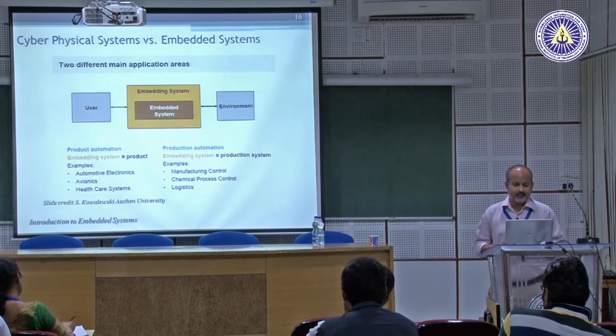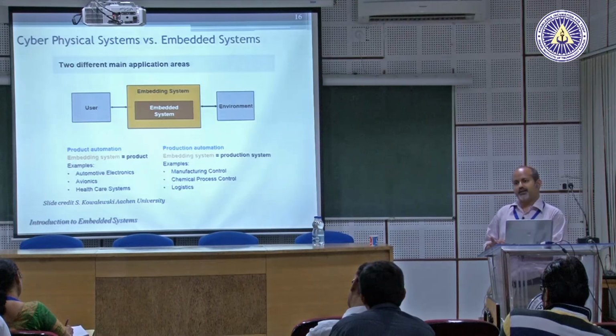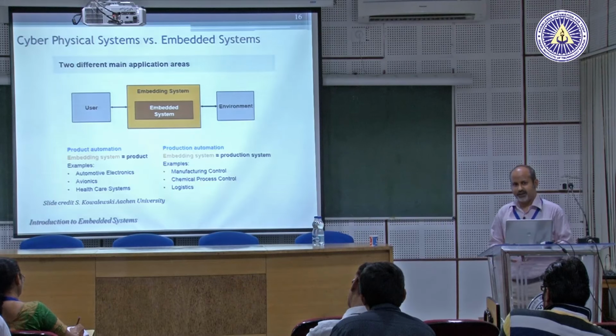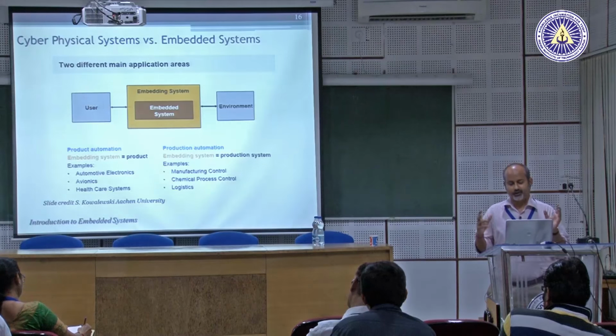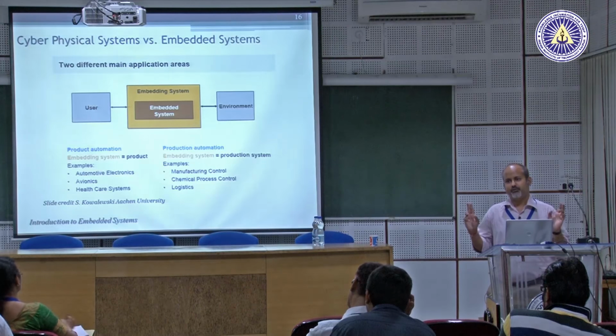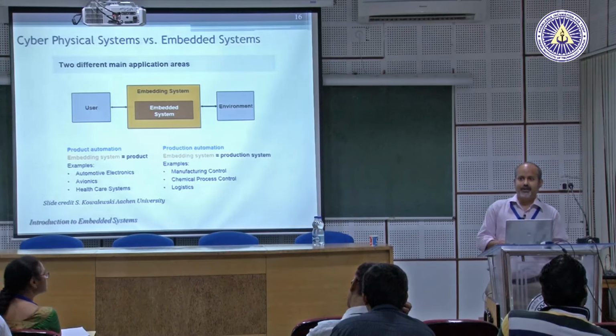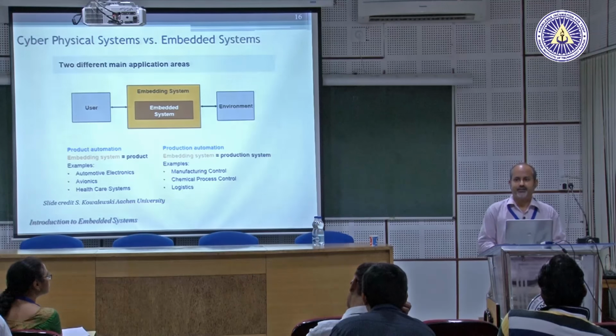What I just described is production automation. Now inside a car, what you see is more like product automation, where you have various things that are what we call nowadays drive by wire, right? Early on everything was mechanical, even the brake was mechanical. Now everything is done electronically.